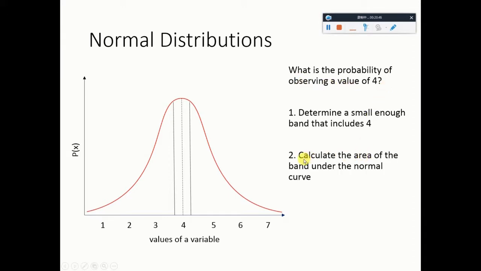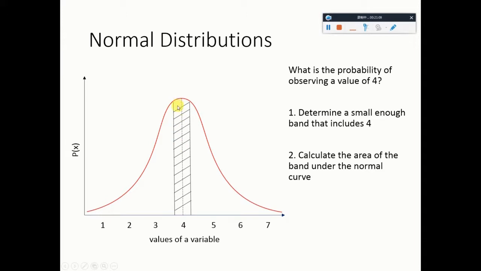And then the next step, to find out the probability of observing a value 4, is to calculate the area of the band under the normal curve, to mathematically find out the area of the shaded part between the curve and the x-axis and also within the two boundaries. Here's one boundary, here's the second boundary.